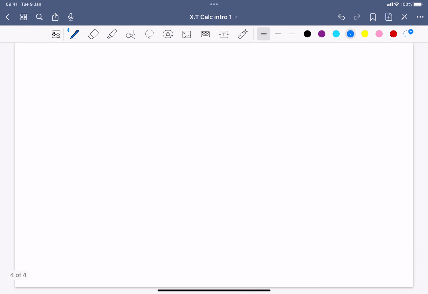Okay, the next section we're going to go through is the domain and range. The domain of a function is a complete set of all possible input values for the x.